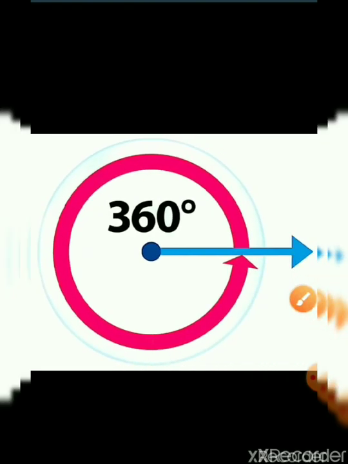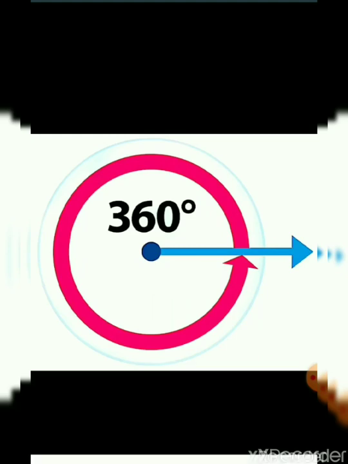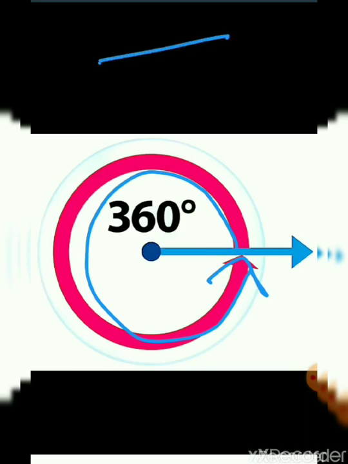Now this is a complete angle, because it has covered the whole path from here to here, then again it has come to the end point. So it is called the complete angle. A zero angle is also like this only, a straight line with a dot.